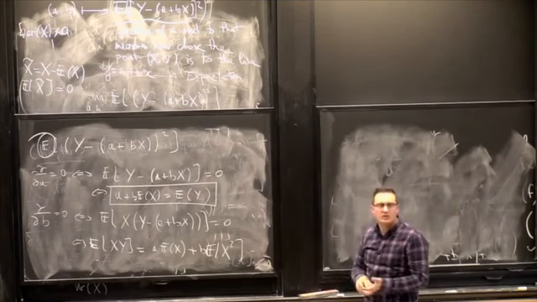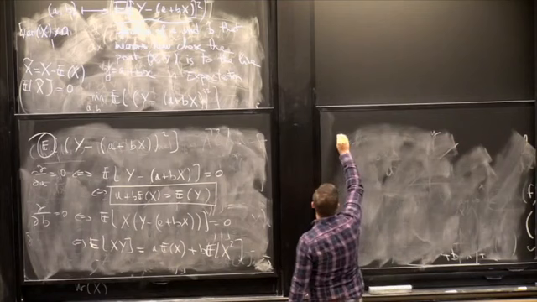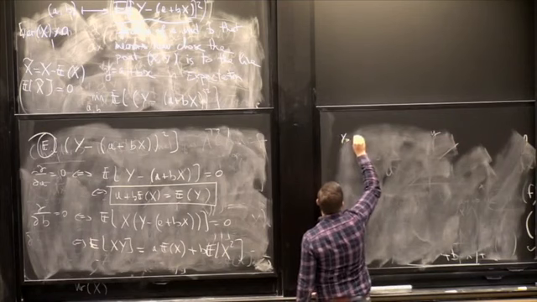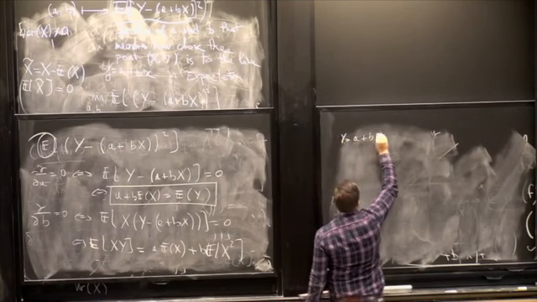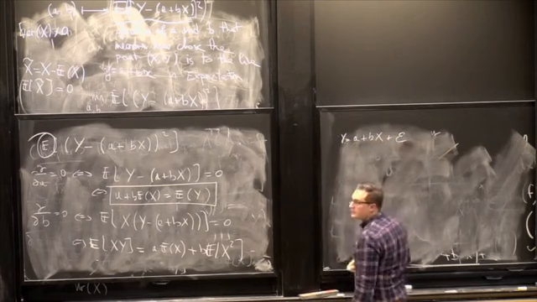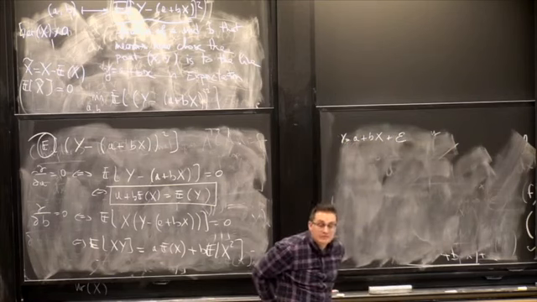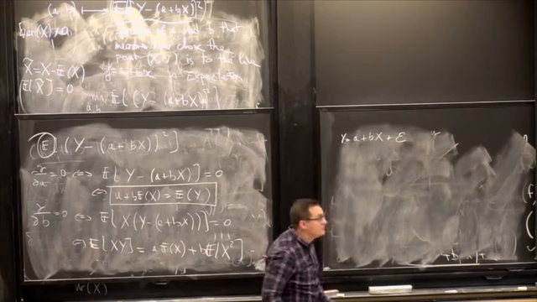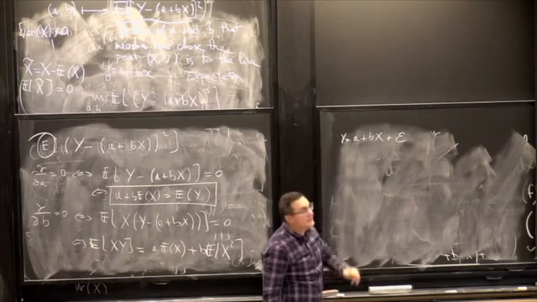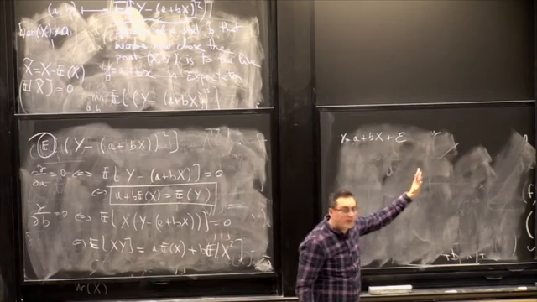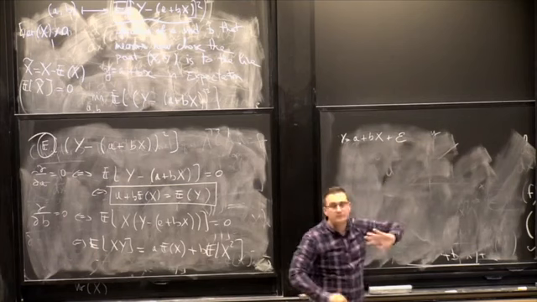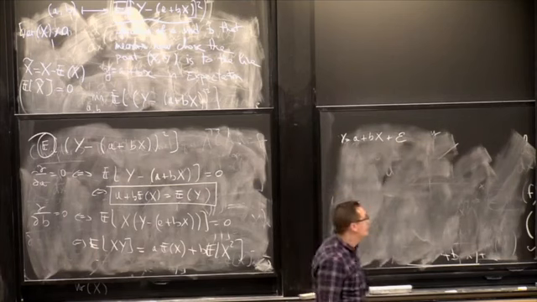I have that y is equal to a plus bx plus some noise, which is usually denoted by epsilon. So that's the distribution, right? If I tell you the distribution of x, and I say y is a plus bx plus epsilon, and let's say those two are independent, you have a distribution on y.